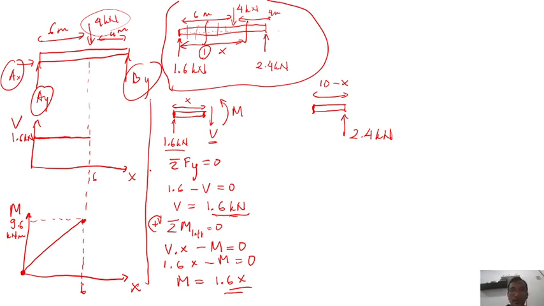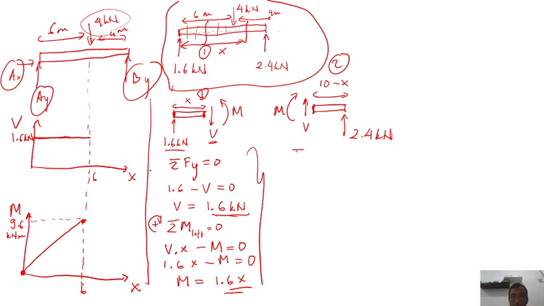And then on the left of the cut, we can draw the positive direction. V is going up and moment is going clockwise. Then we can do the same as this one, but on the right free body diagram. This is the first free body diagram, this is the second free body diagram. On the second free body diagram, we can do the same.